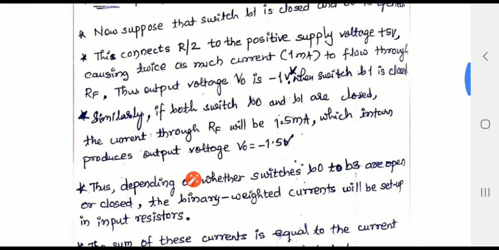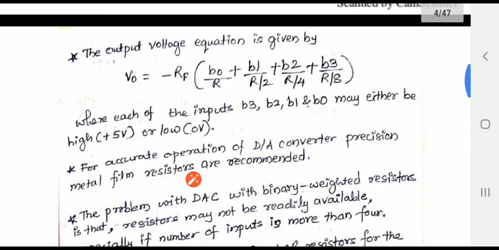This is the final expression used to find the analog outputs based on the selection of binary inputs. If I select B0, the input resistor is R, B1 R by 2, B2 R by 4, B3 R by 8. If any one is selected, the remaining are all 0.